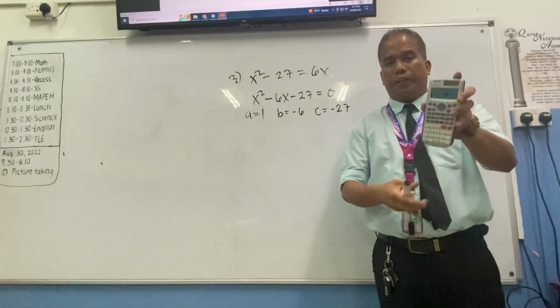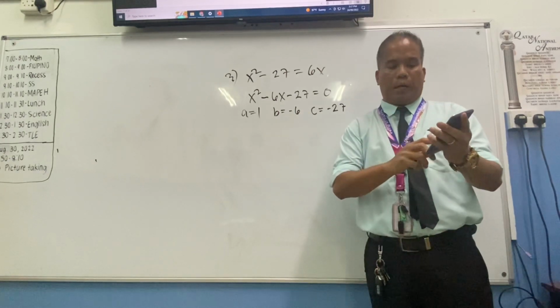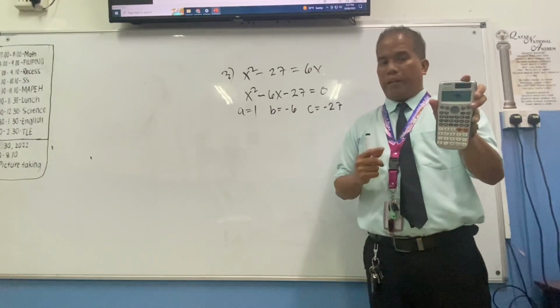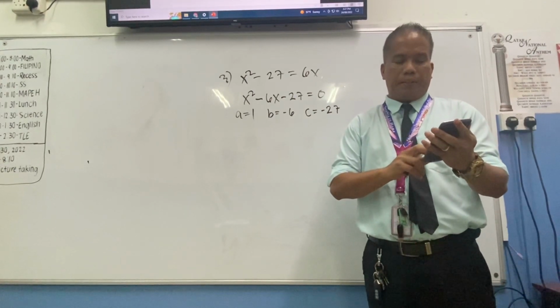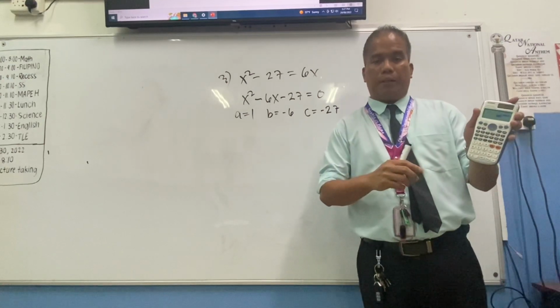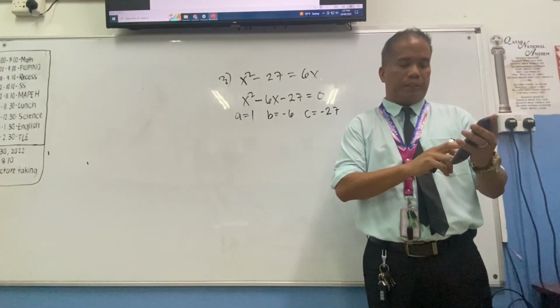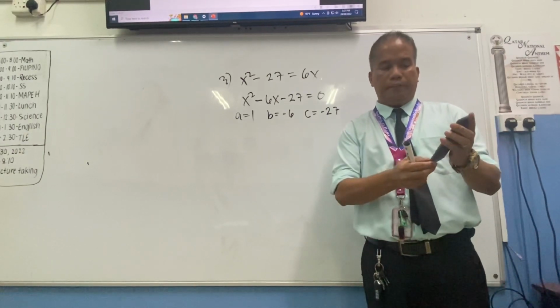Now, using your calculator, just press the number 1, then equals. Just follow my instruction. Then negative 6, equals. And then the last one is negative 27, equals. Then after that, press equals again.